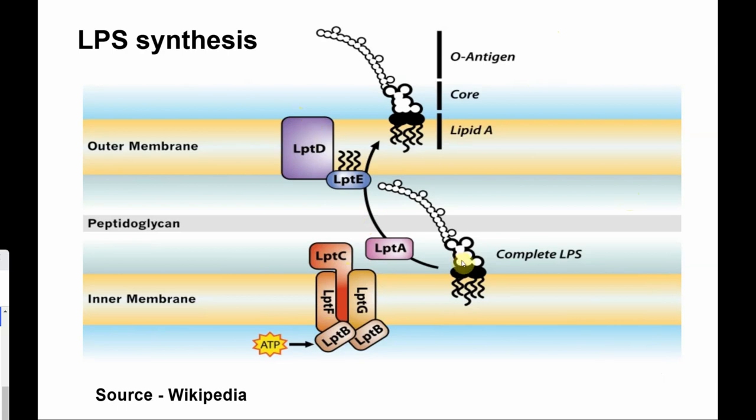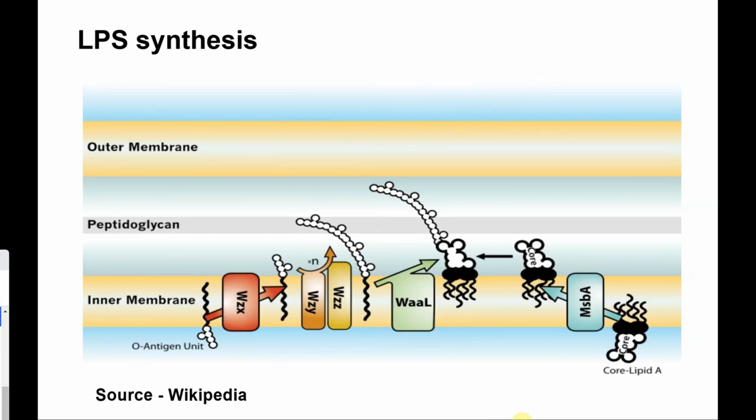It's just going to pick this whole thing up and carry it out to the outer membrane. And this requires ATP, which is consumed inside the cytosol. But because the whole thing is connected, you can perform this physical work to move the molecule from one place to another. Okay, so that's LPS synthesis.